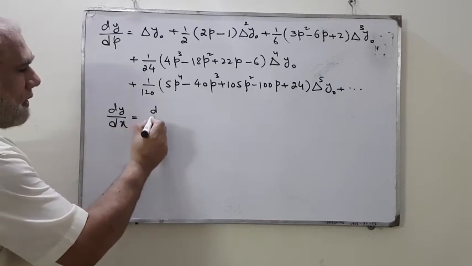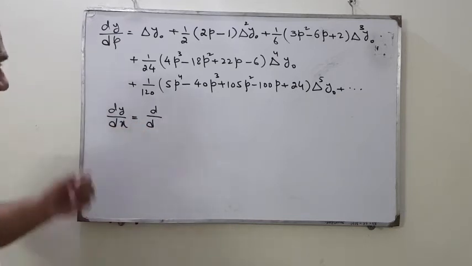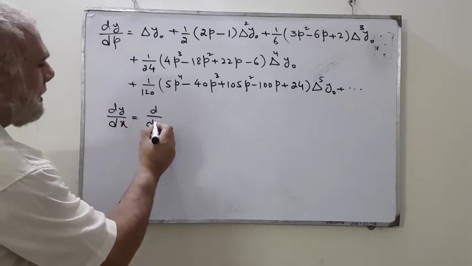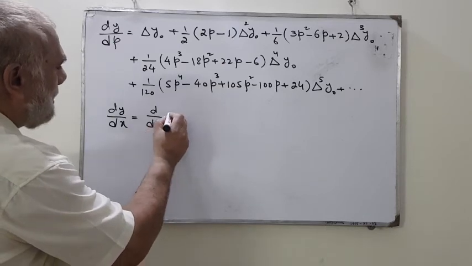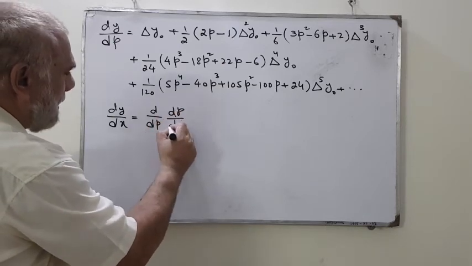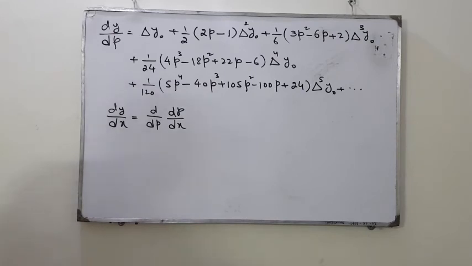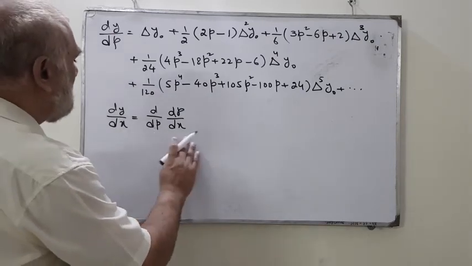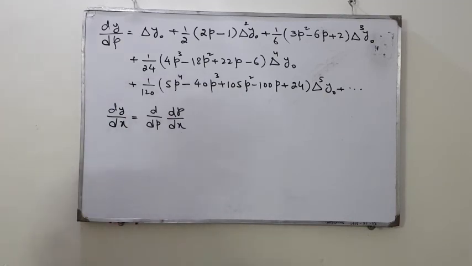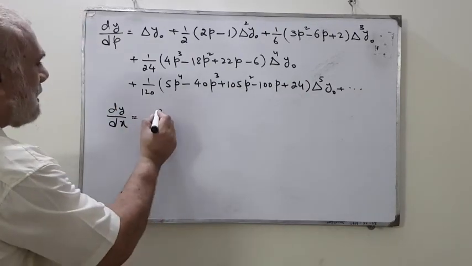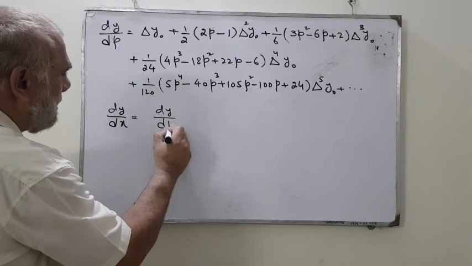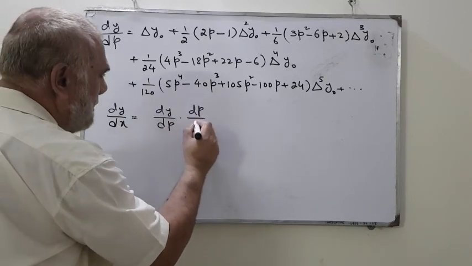So here we use the chain rule, dy over dx is equal to dy over dp into dp over dx.